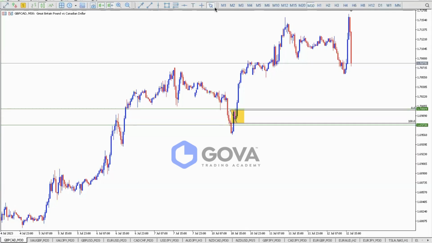So now the figures we got on these 2 pips and 3 pips are what you use whenever you want to calculate the risk reward ratio and your position size, to know the lot size that you want to use.